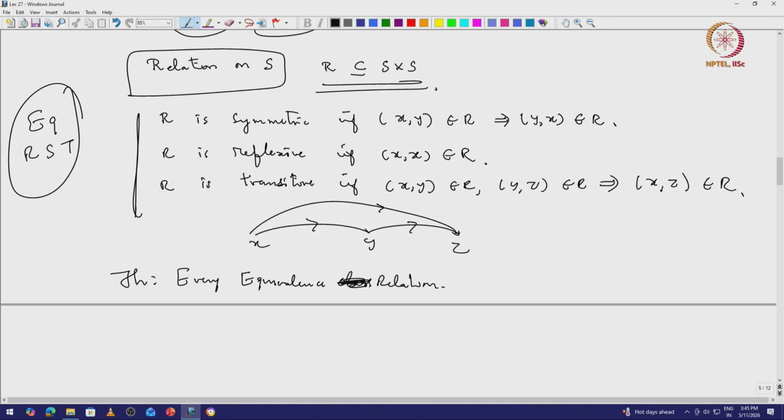Every equivalence relation induces a partition on the underlying set.